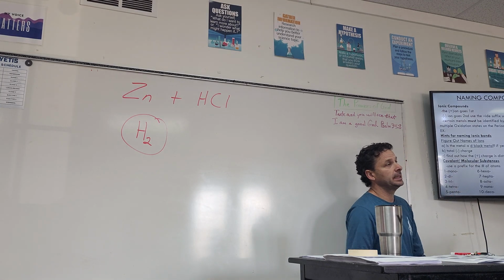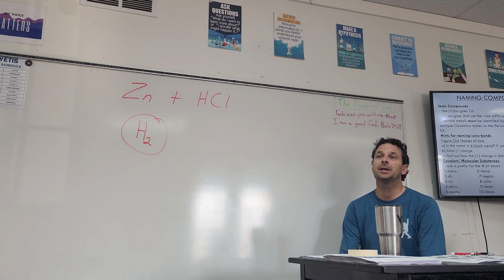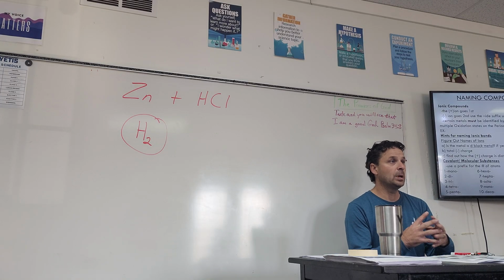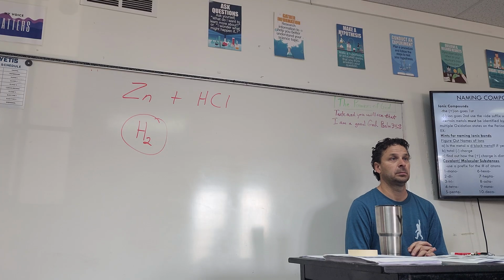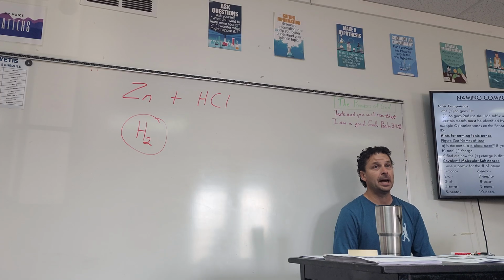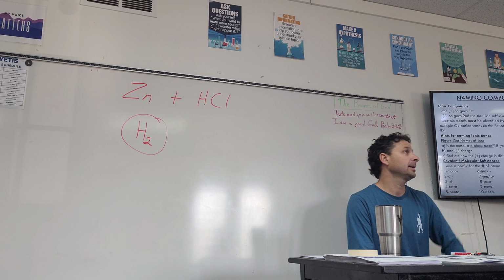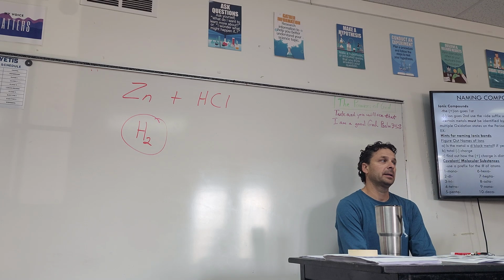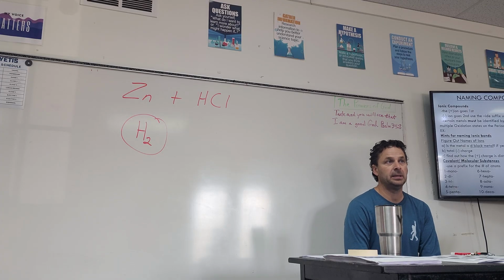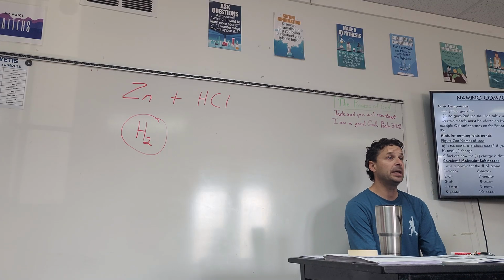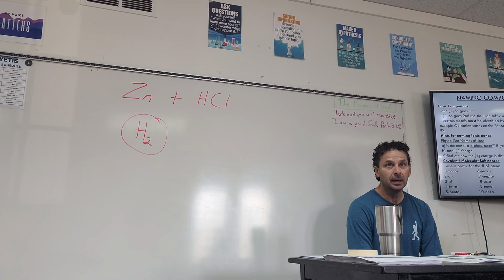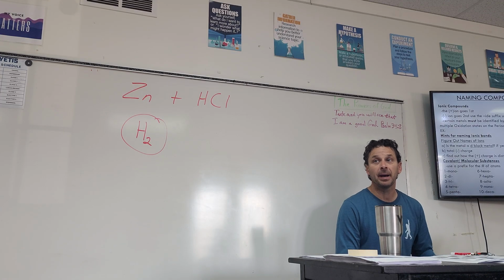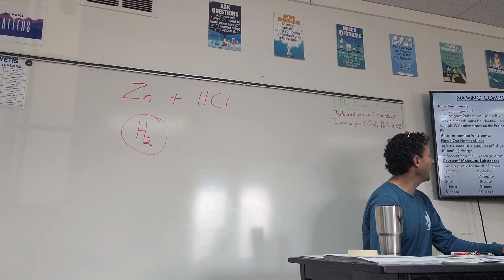Make sure you start getting these prefixes in your names, because once you get to things without a metal, the chances are like 99% it is a covalent bond. The one time that's not the case is ammonium salts. Ammonium, NH4 plus, doesn't have a metal in it, but it is a positive charge.